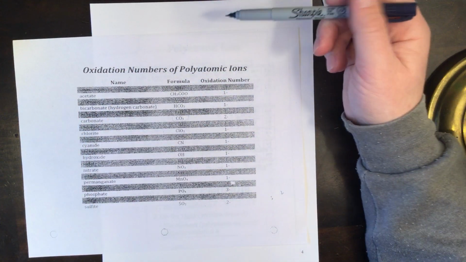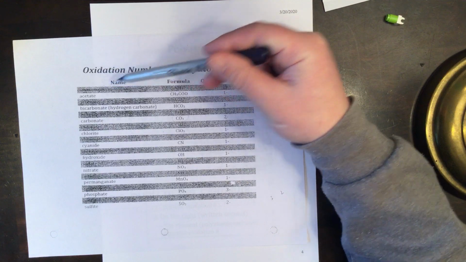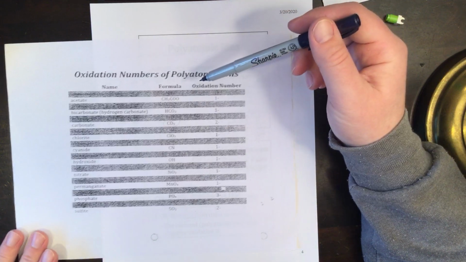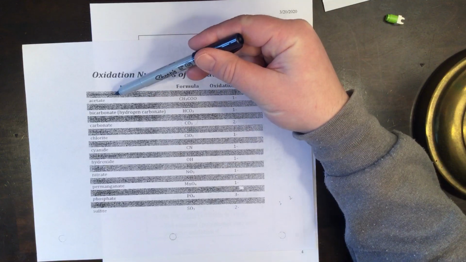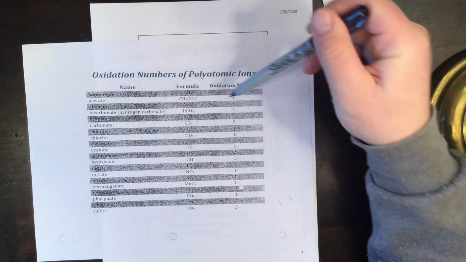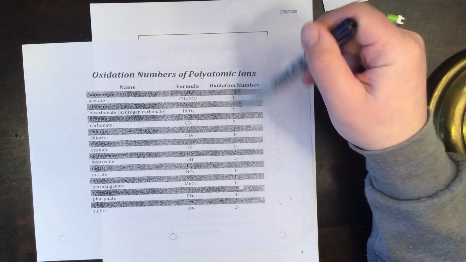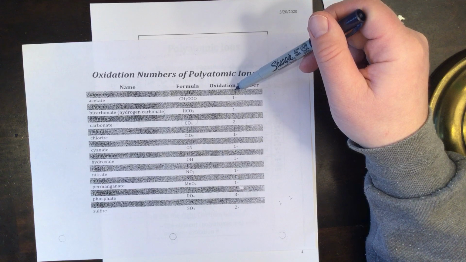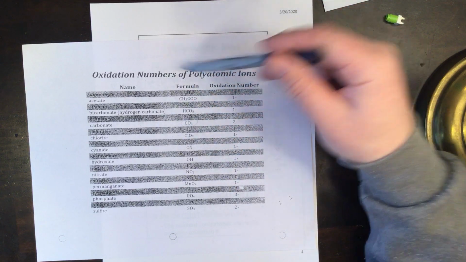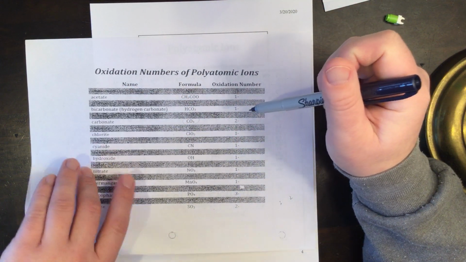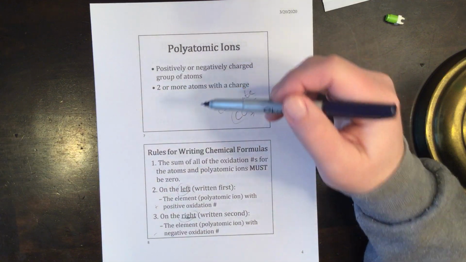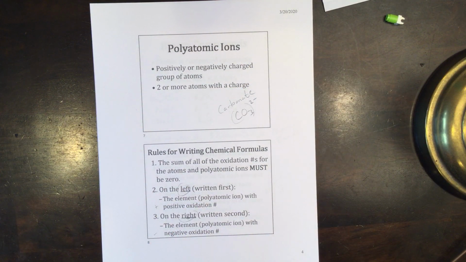If you notice here, it's really difficult to read. Yours should be better. Or you can look up polys online, Google it, and it'll give you a whole list. Ammonium is this very first one, and it's a 1+. All the other ones are negative. So the only one here that's ever going to go first is ammonium. And then on the right side, that is the negative ion.